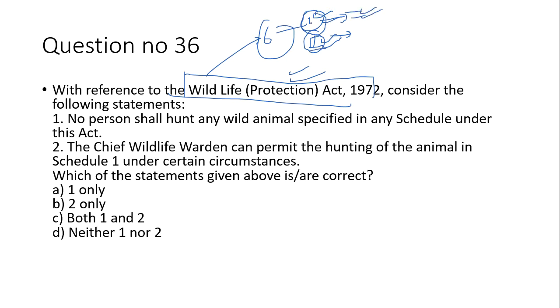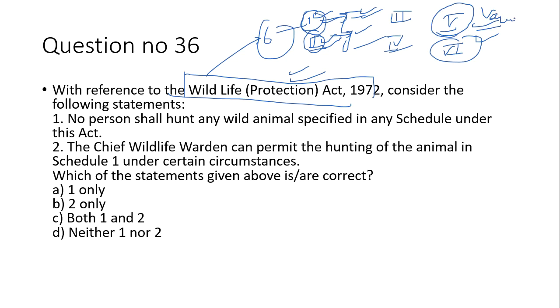So if you study all the schedules, schedule 1, 2, 3, 4, 5 and 6, in schedule number 1 and 2 the highest protection is granted, then the level of protection keeps on reducing, and in schedule number 5 the vermins are placed, the animals which can be hunted, like crow, bats, mice. All these animals are placed in schedule number 5.